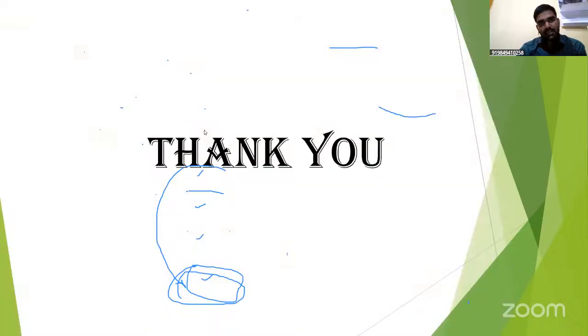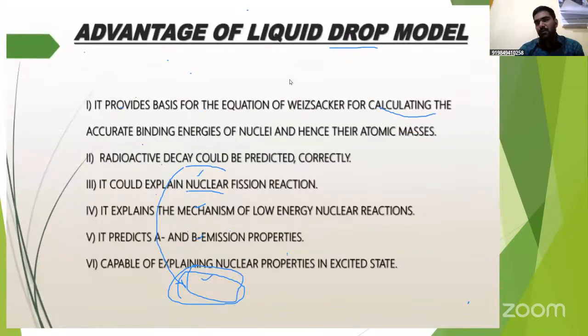So let us see some advantages of the liquid drop model. It provides the basis for the equation of Weizsäcker for calculating the accurate binding energies of nuclei and their atomic masses.